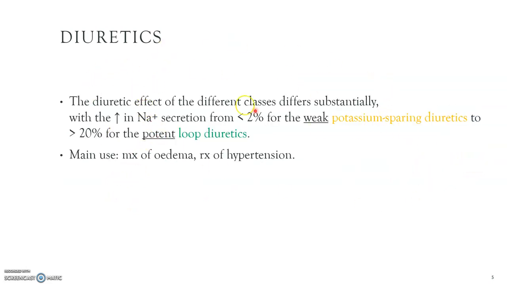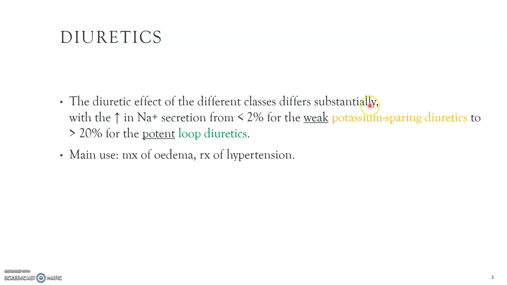We have various classes of diuretics, and the effects of these different classes can differ significantly. They have a wide range of effects. We can have an increase in sodium excretion which is less than 2% for the weak ones, the potassium sparing diuretics. They are weak in terms of how much sodium can be thrown out.